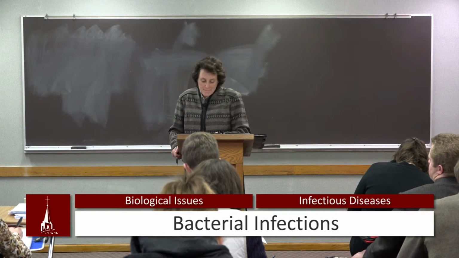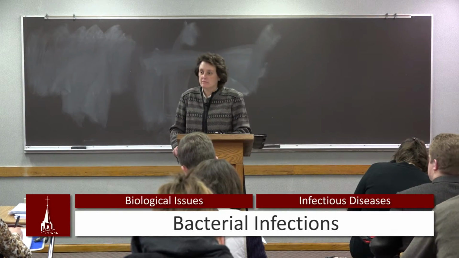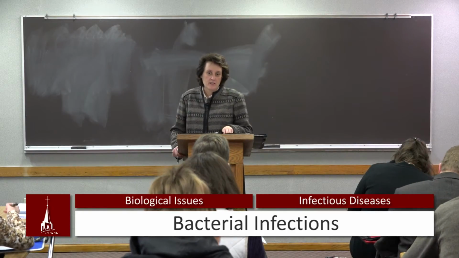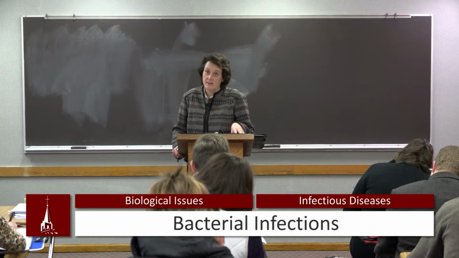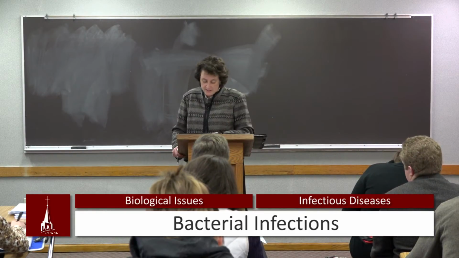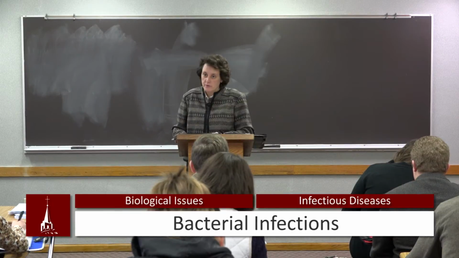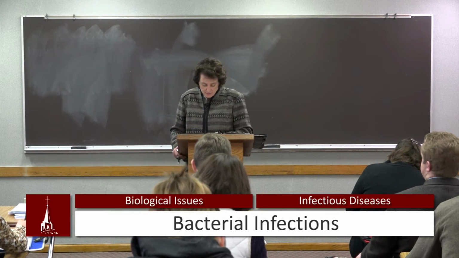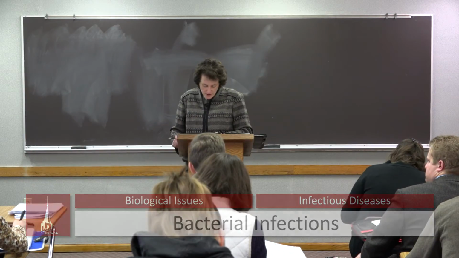So, what are bacteria? How do they get in? What's their mode of pathogenicity? How do they get in and escape the immune system? How can you prevent bacterial infections? And how are they treated? And some examples. There's lots of examples for you to choose from.